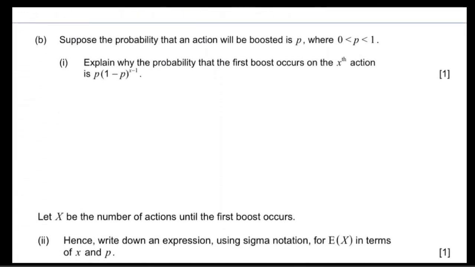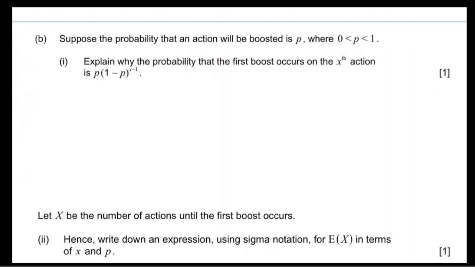Now the next part says, suppose the probability that an action will be boosted is p, where 0 is less than p is less than 1, of course. Explain why the probability that the first boost occurs on the x action is this. In the x action only the first boost occurs.